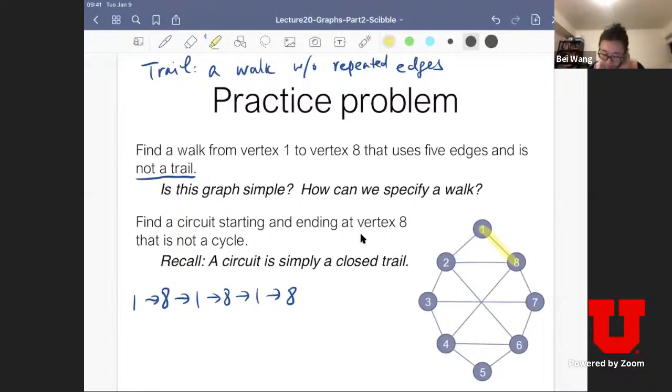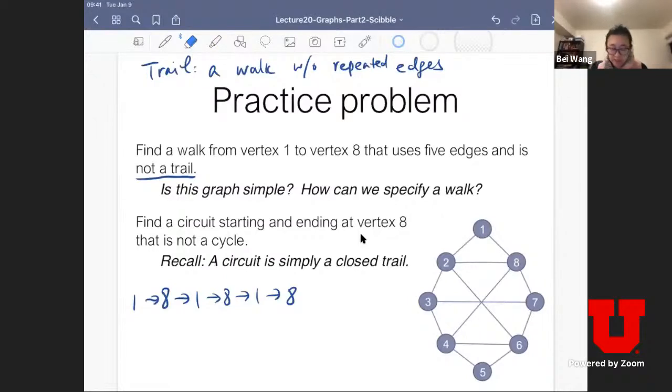So 1 to 8, back to 1, back to 8, back to 1, and back to 8. Okay, that is my walk. So this obviously is not a trail because I repeated the edge how many times? 5 times. Okay, so this is an example that is a walk from 1 to 8. They use 5 edges and it's not a trail.